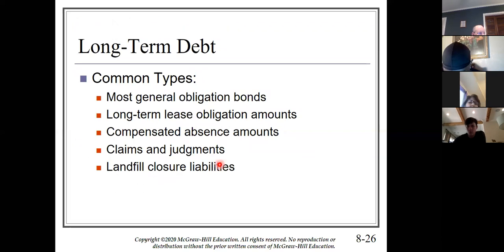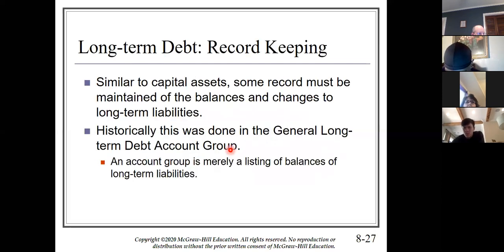Long-term debt. Common types of government long-term debt: general obligation bonds, long-term leases, compensated absences, claims and judgments. If they've been sued and owe money for something, that's a claim or judgment.